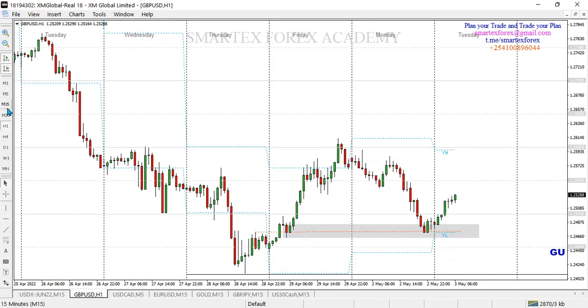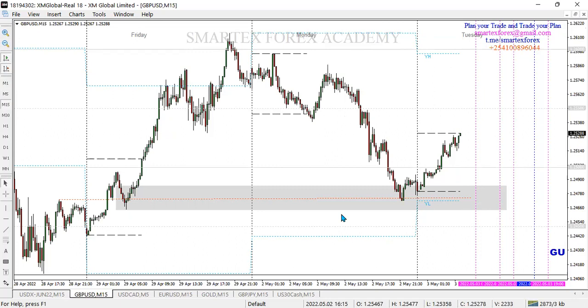So let's see what we have on M15. Now on M15, after the price reacted beautifully at this low, we can say this can be an AMD setup, that is our A, and this Monday drop was our M. Then we expect our D, which is from today, Tuesday, Wednesday maybe, and Thursday, for the up move, seeking internal liquidity of the range that we drew on the 4-hour and daily time frames.